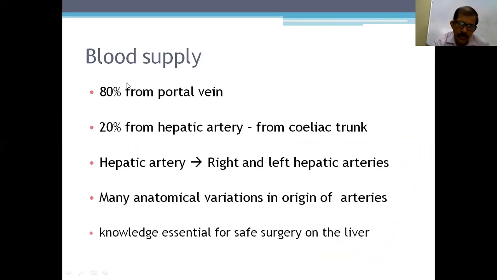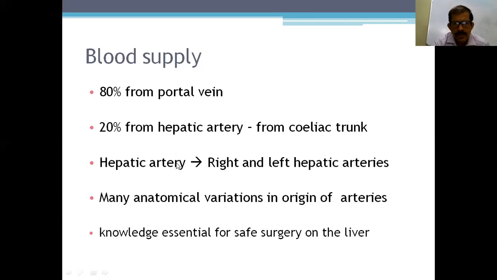Though the blood supply volume is 80% from the portal vein, oxygen is 80% from the hepatic artery. So it is the reverse.